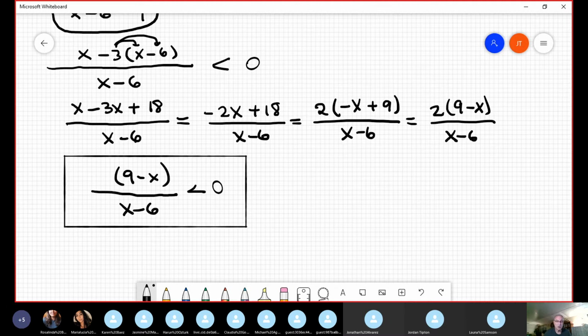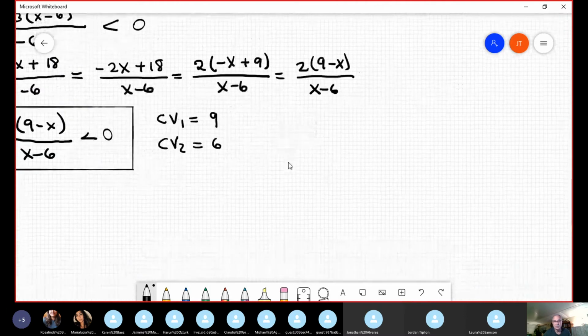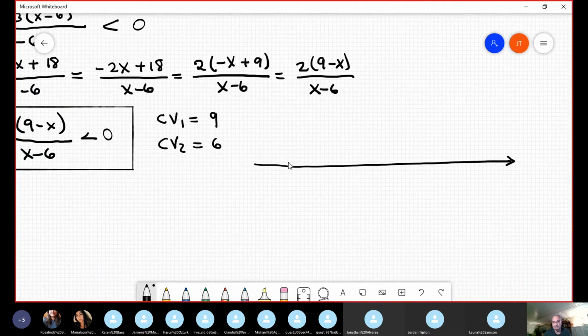And now, working on this expression, I can find that we have two critical values. Critical value number 1 is 9, the zero of the top. And critical value 2 is 6, the zero of the bottom. Using this idea, I make a partition. This is my famous real number line.